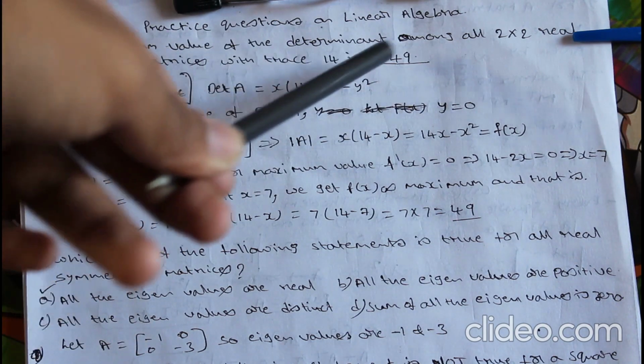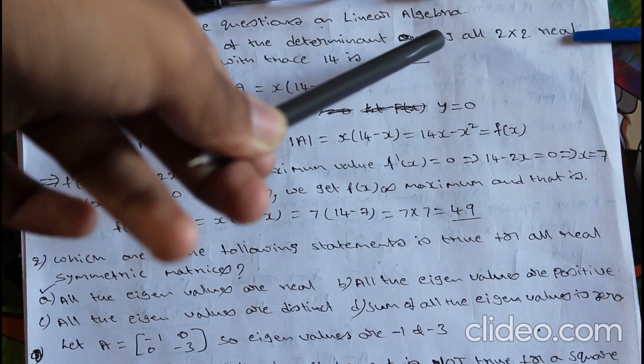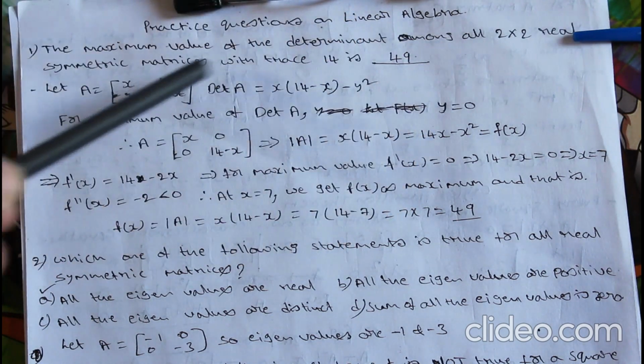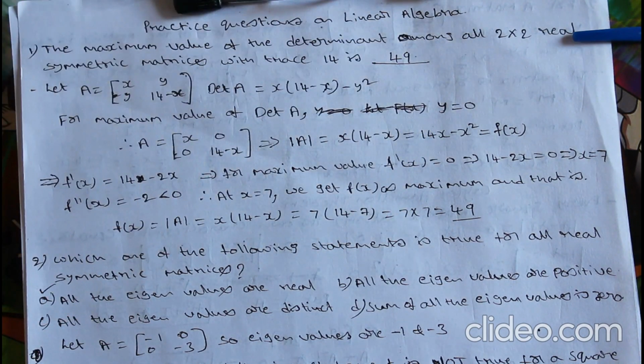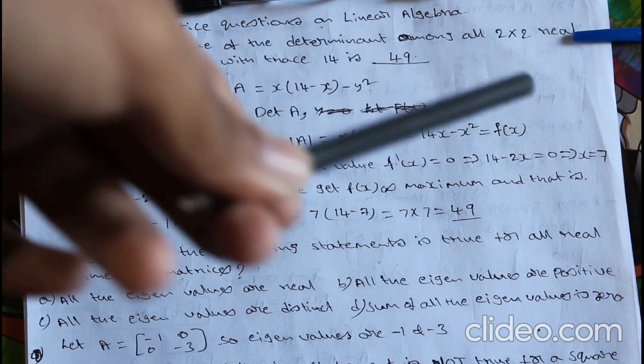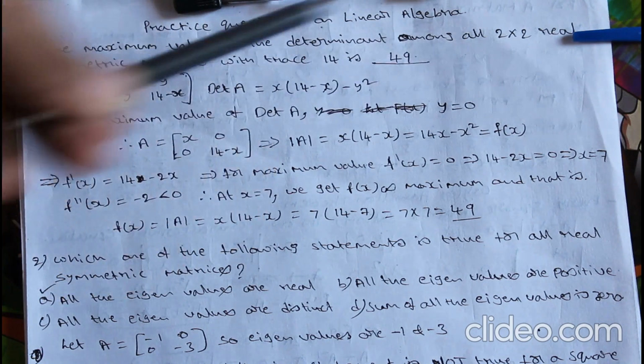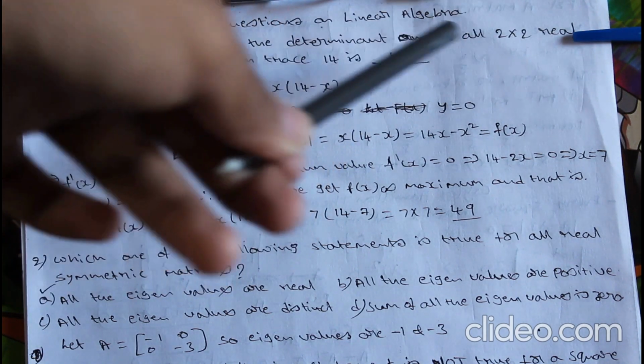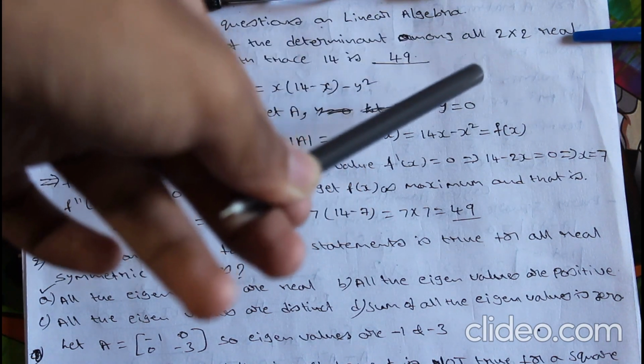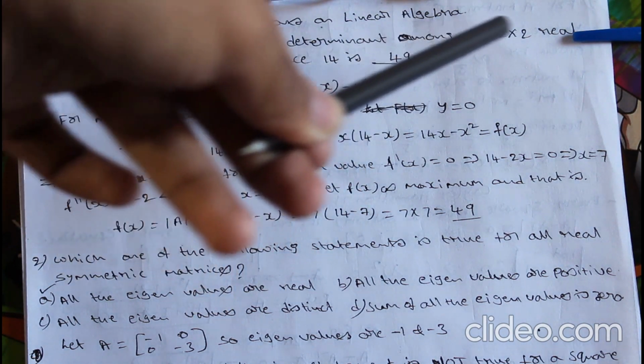The maximum value of the determinant is asked among all 2 by 2 real symmetric matrices with trace value 14. The matrix is not given, so we have to form it with the given data. Observe the data from the question itself.